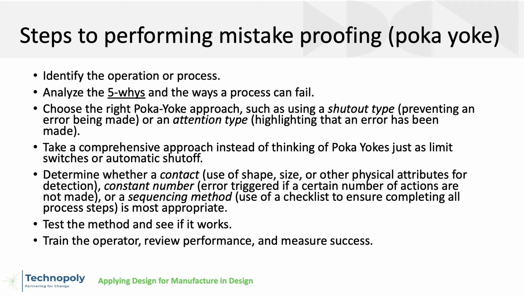So these are 3 clues in which you can investigate how you can inject Poka-yoke: in terms of where things come in contact, how often things happen, or the sequence by which you do the task.